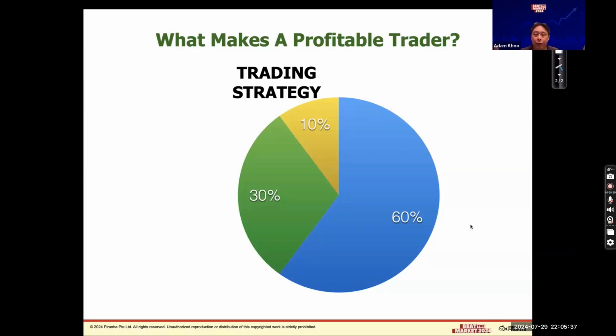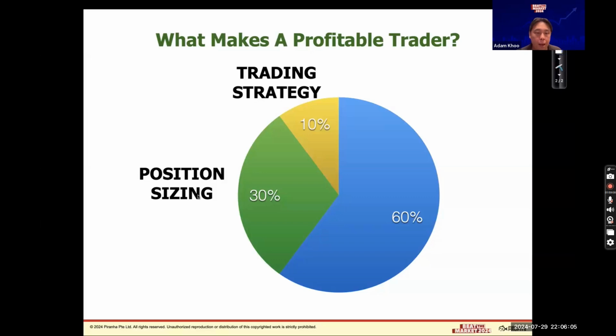In a stock trading course, you will learn all these trading strategies. But is that good enough? No. It's very important to have a good trading strategy, but even if you have the best one, you will not make money unless you have the second key, which is proper position sizing.